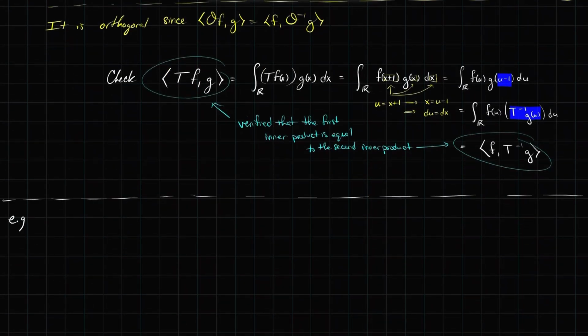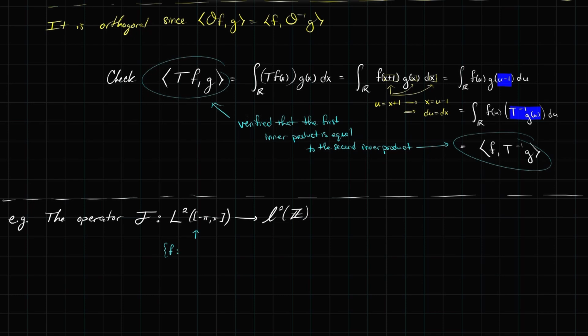Let's just look at one more example. The operator F, which takes you from L2 of this domain negative pi to pi, and I think you all probably remember this domain. This was the domain of the Fourier series, to little L2 of Z. I'll describe what both of these are right now.